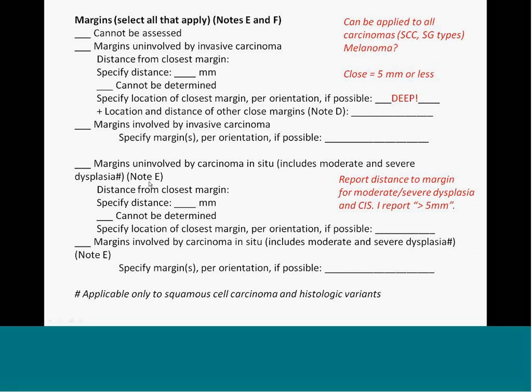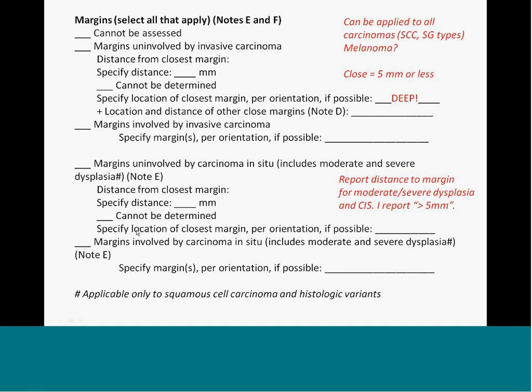You're also asked to give the margin status with respect to carcinoma in situ, and for head and neck specimens, of course, this just applies to squamous cell carcinoma and its variants. The margin status for mucosal disease applies to moderate dysplasia and up.